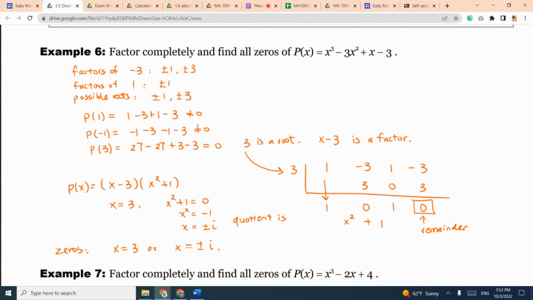This is the coefficient of x. This is the coefficient of x squared. That's why we get x squared plus 1. Yeah, everybody? And now, for this one, you can solve for x. You will get x is plus or minus i. So the process is similar, but just now you allow your roots to be complex numbers.